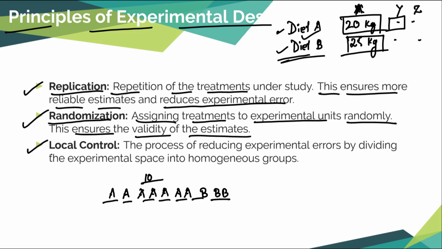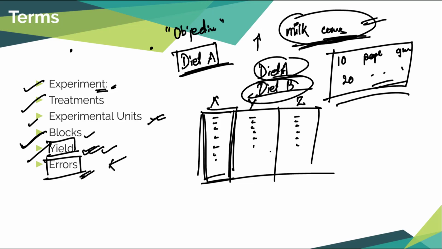And the last principle is local control. So local control is basically dividing your heterogeneous experimental space into homogeneous groups, right? Just like in this example, we have different breeds of cows, and together if you consider all the breeds, that is a very heterogeneous population or heterogeneous experimental space.